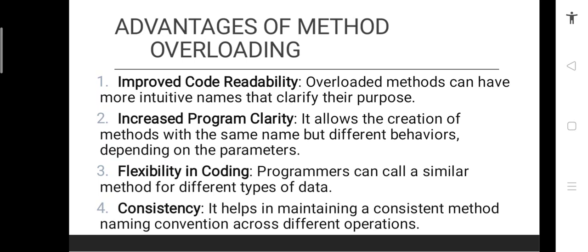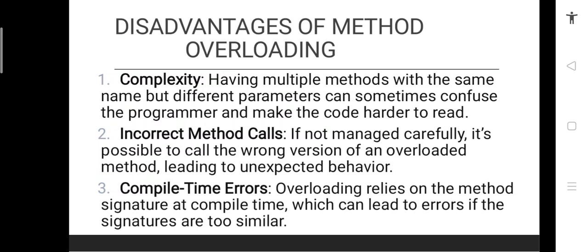Disadvantages of overloading. What are the advantages? There should be a disadvantage if there is an advantage, right? What is complexity? Having multiple methods with the same name but different parameters can sometimes confuse the programmer and make the code harder to read. As I told you, we wrote the same name, addition, for two methods.